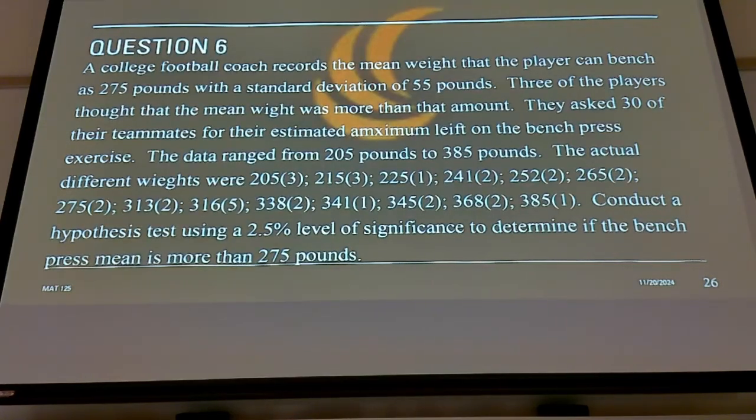The data range from 205 pounds to 3 pounds. You gotta put it in order. That is 1, that is 2, 3, another 2, 2, 2, 1, 1, 1. Okay.